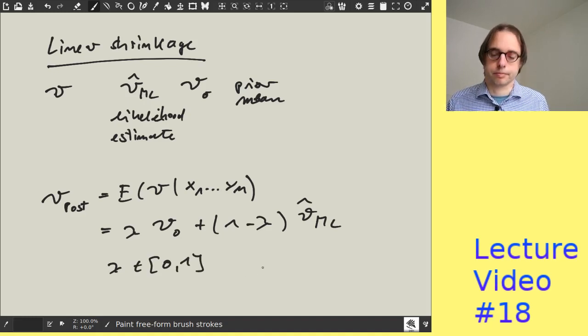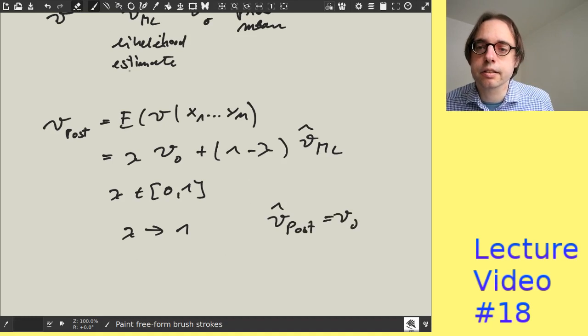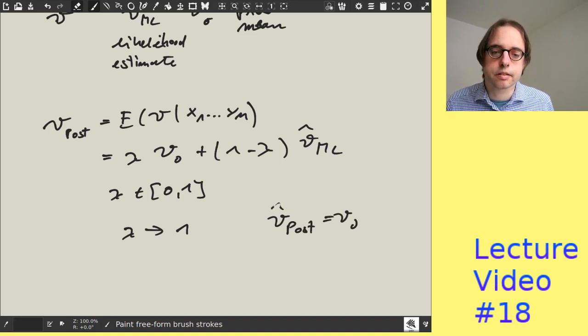And when lambda is close to 1, then theta posterior will be the prior, so full shrinkage.